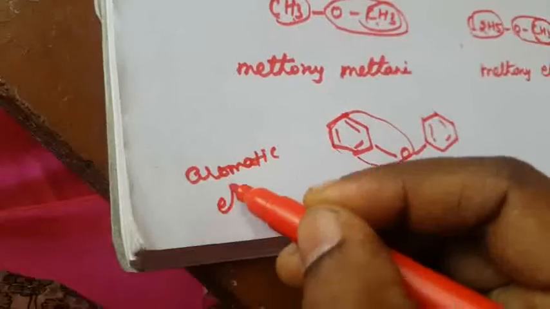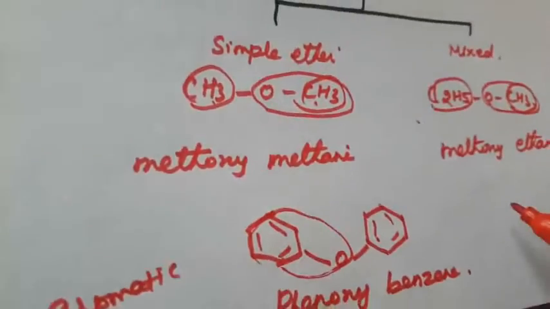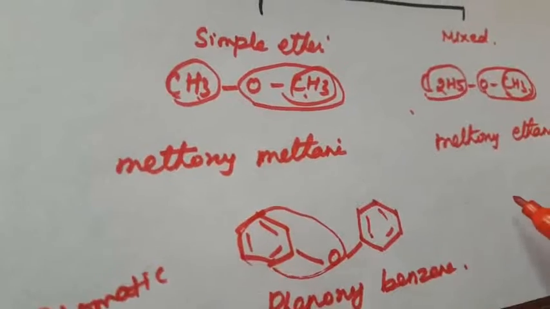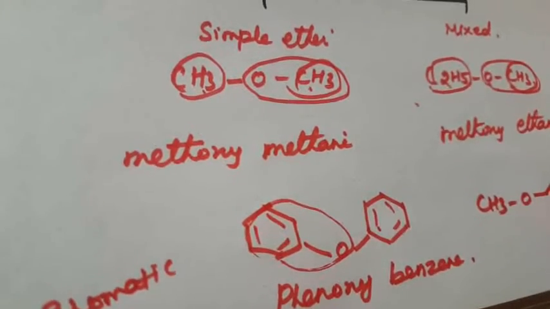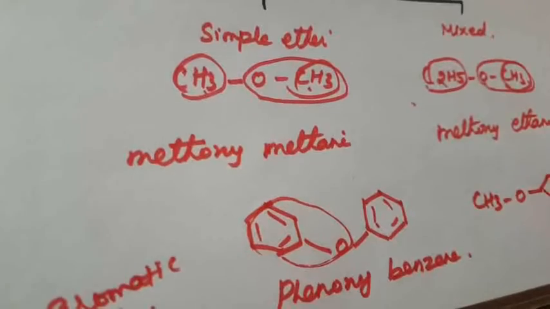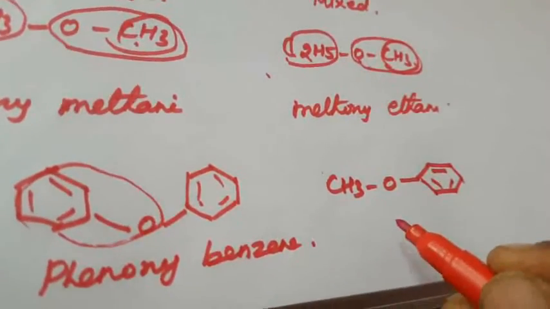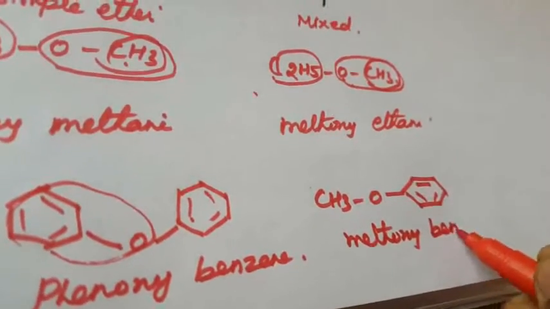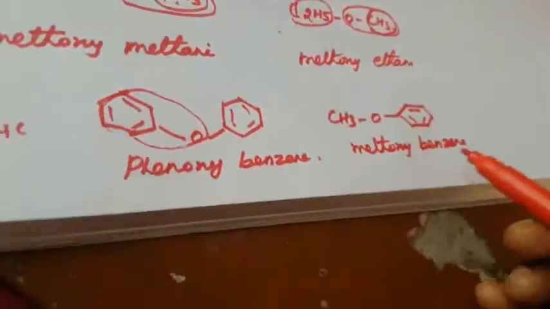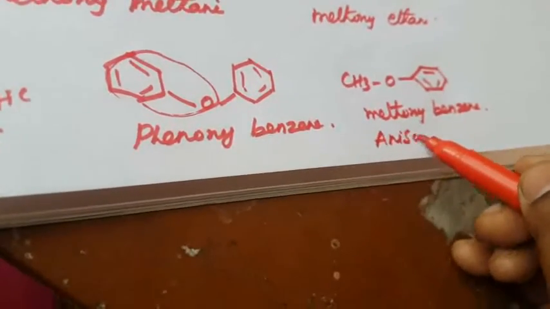Another one is methoxybenzene. How to write? CH3O attached to the phenyl ring. This is methoxybenzene. Otherwise it is called anisole.